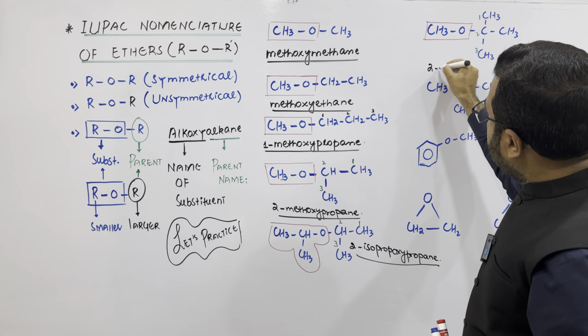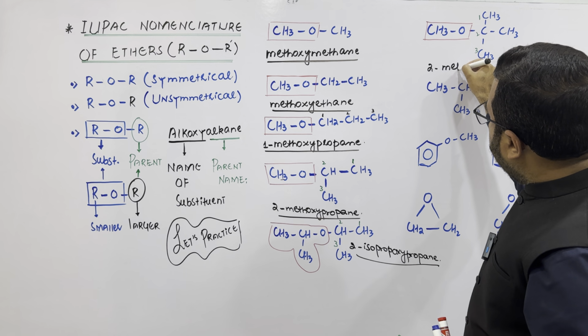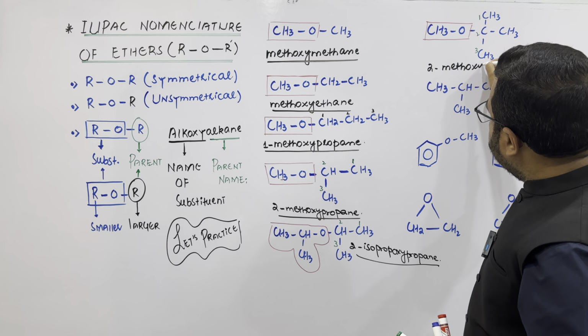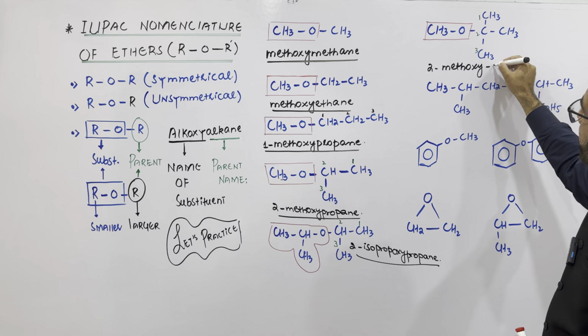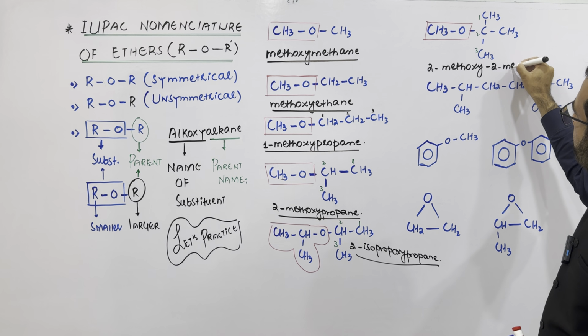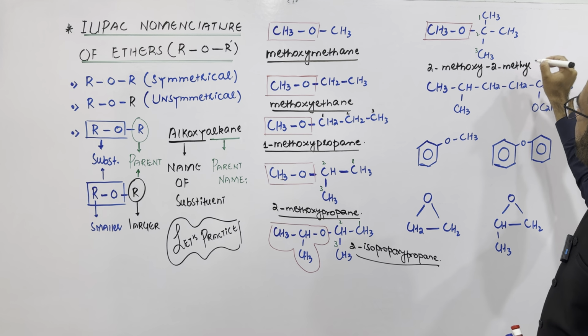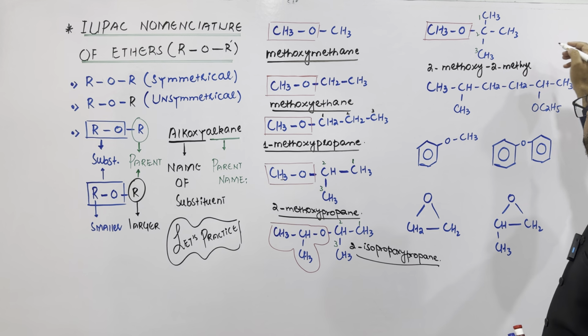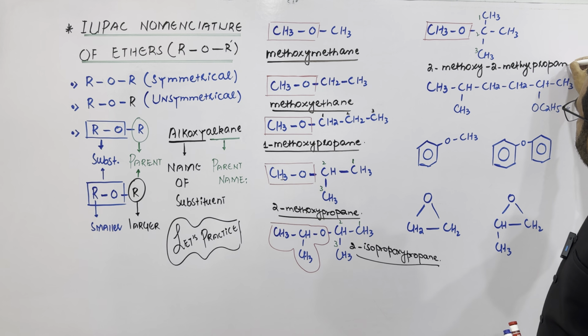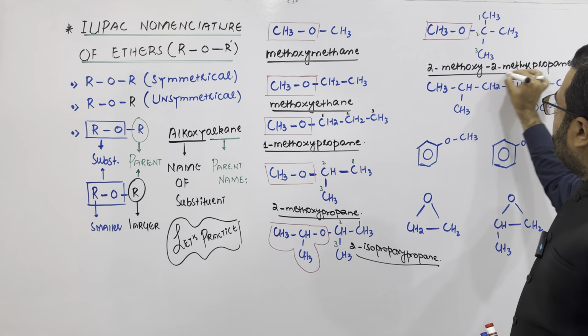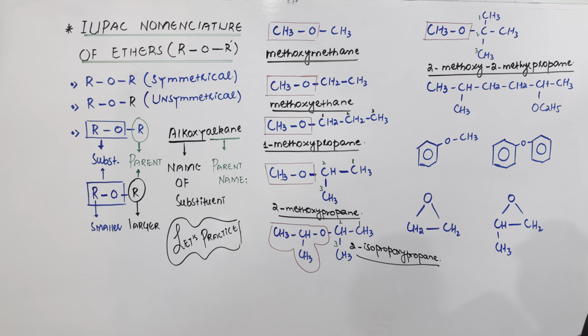So it will be 2-methoxy, and with second carbon a methyl group is also attached, 2-methyl, and now there are 3 carbon atoms in the parent chain, so that will be propane. Its name will be 2-methoxy-2-methylpropane.